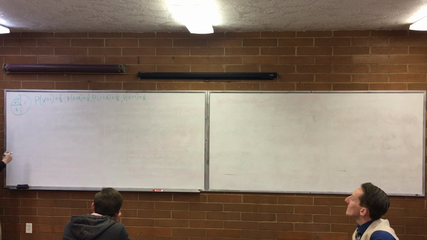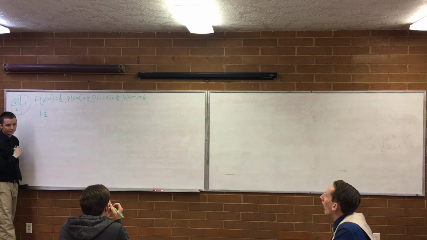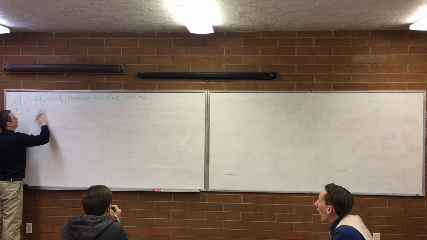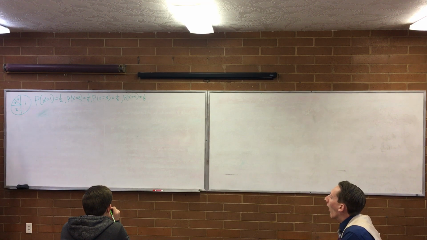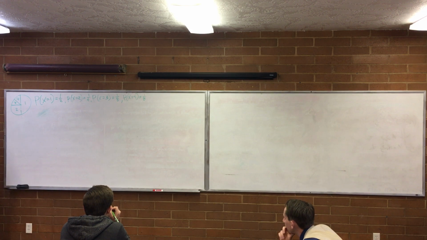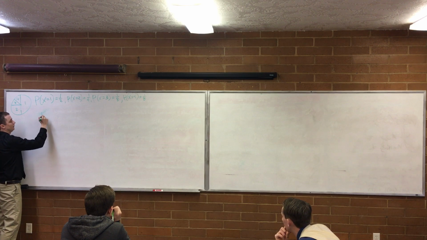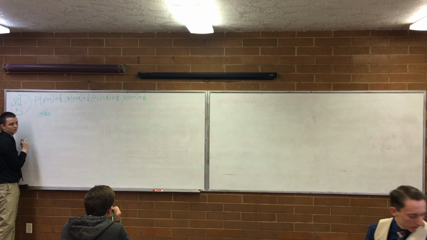Well, we would expect to get a 1 1/2 of the time. Let's say we play this 100 times. And let's see what we get. So I would expect to have gotten 1 50 times, right?